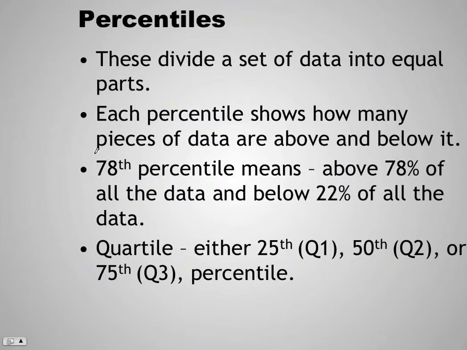So we basically take all the pieces of data and we split it up into hundreds, 100%. And the 78th percentile means that that piece of data is above 78% of all the data, and it's below 22% of all the data.